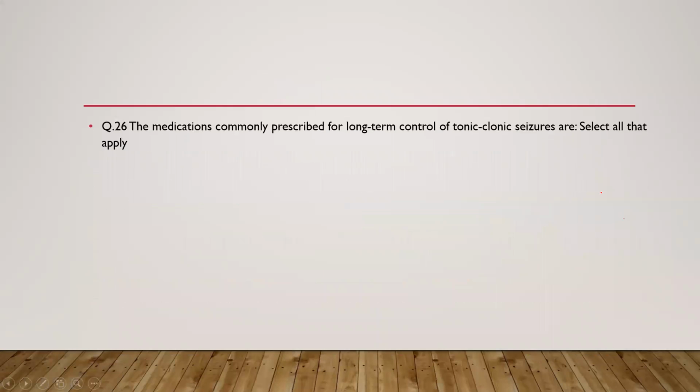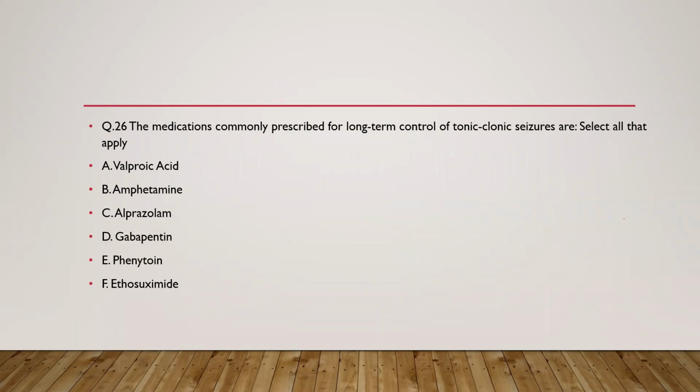Next question, MCQ number 2. The medications commonly prescribed for long-term control of tonic-clonic seizures. Select all that apply: valproic acid, amphetamines, alprazolam, gabapentin, phenytoin, ethosuximide, methylphenidate, and carbamazepine.